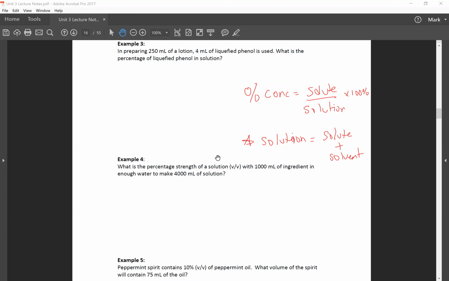A good answer to that is the solute is the smaller amount. So it's typically your medicinal ingredient or your active ingredient. You might talk about the active ingredient in other courses. So the solute is your smaller amount. It's your medicine or it's your active ingredient.